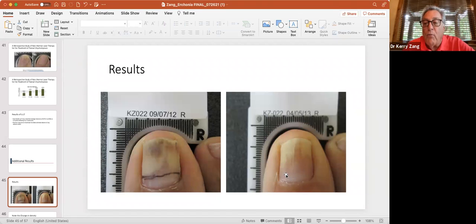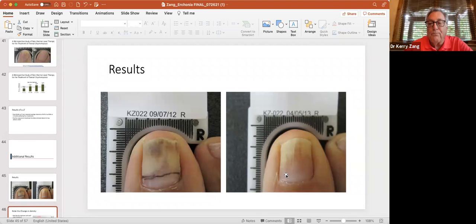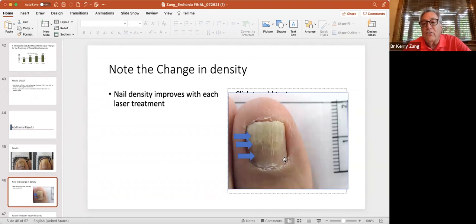Each time it cleared up more, but there was significantly greater nail growth. So you can see the density changes here. First treatment, second treatment, third. You can actually see the line as it grows out.